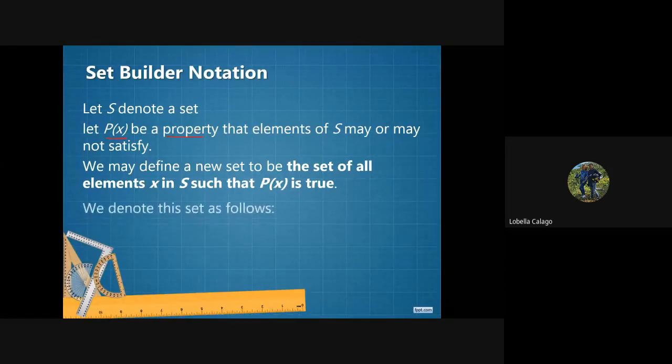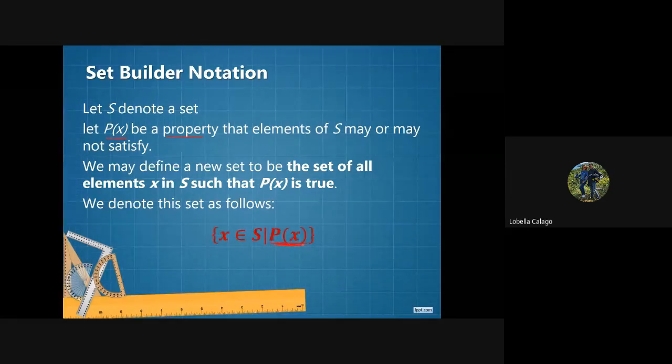This is a set with an element x of the set such that P(x). This is your context. What equation do you want x to satisfy to become part of the set? If it doesn't satisfy that, it is not part of the set.